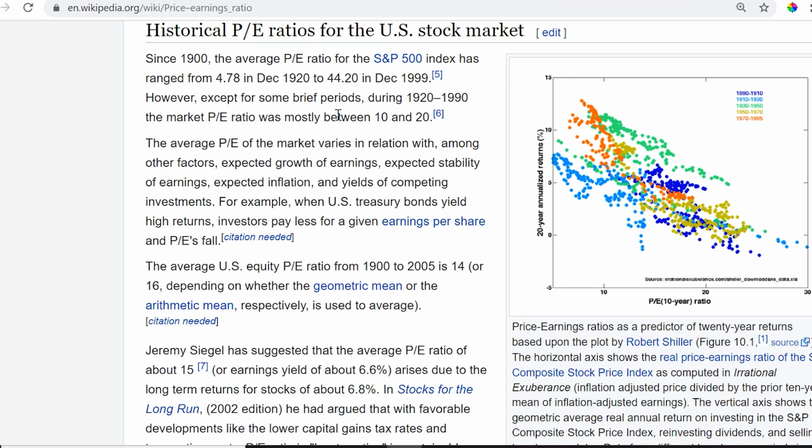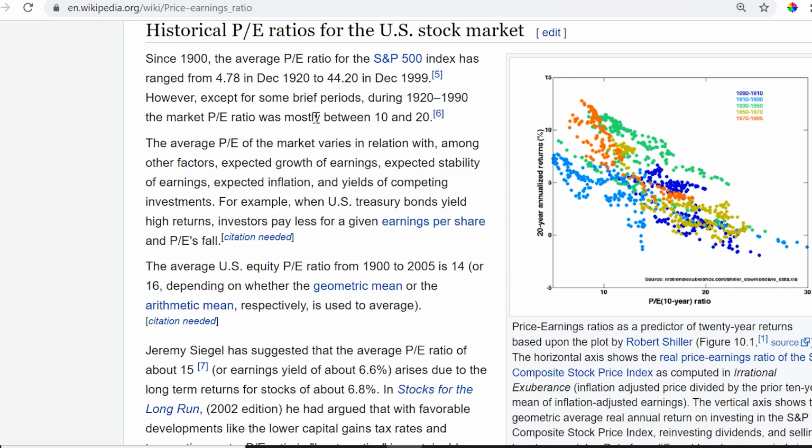However, except for some brief periods, during 1920 to 1990, the market PE ratio was mostly between 10 and 20, and that kind of largely is the case for a lot of sectors. A lot of companies that have already matured and are just paying dividends typically have a PE ratio between 10 and 20. Companies that can aggressively expand and people may think that they may grow very rapidly, they're okay paying a high multiple, and the companies that they think are going to be flat for the next decade, they're okay paying a very, very low multiple.